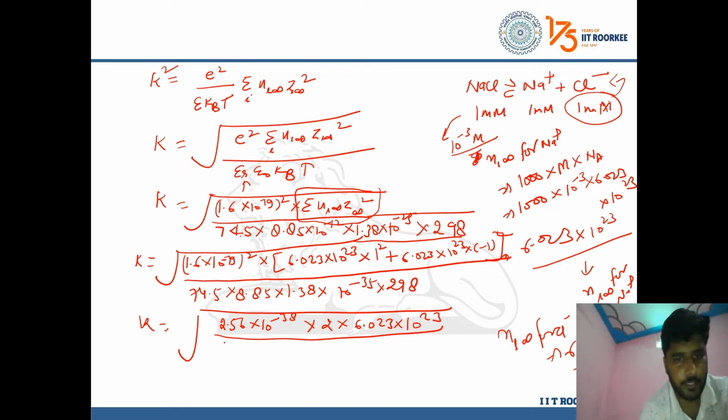You will be getting 271,143.81 into 10 raised to minus 35. Let me verify.